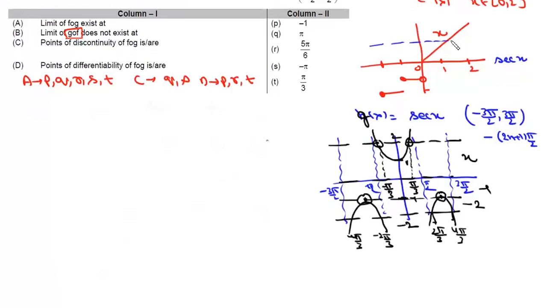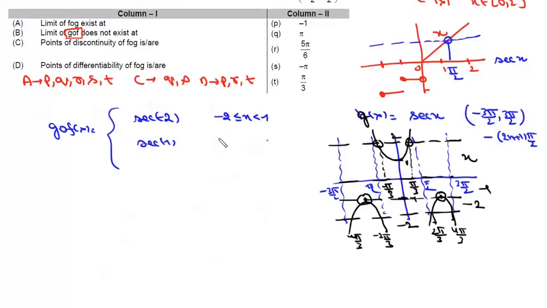So this is one value missing, and this value will be at pi by 2. So g of f(x) will be secant(x) minus 2 when x lies between minus 2 and minus 1.